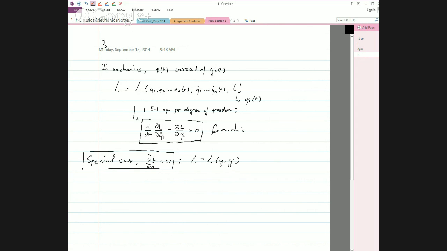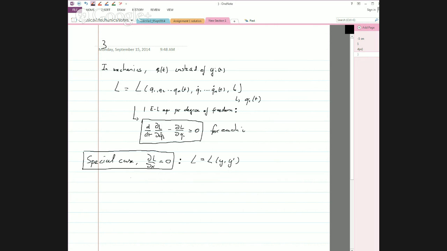Then what we'll see is that this Euler-Lagrange equation simplifies. Remember, L satisfies the Euler-Lagrange equation: d by dx of ∂L by ∂y prime minus ∂L by ∂y equals 0. But L has this special case where it doesn't depend explicitly on x. It depends implicitly on x because y and y prime of x obviously depend on x, but explicitly, the partial derivative is 0.